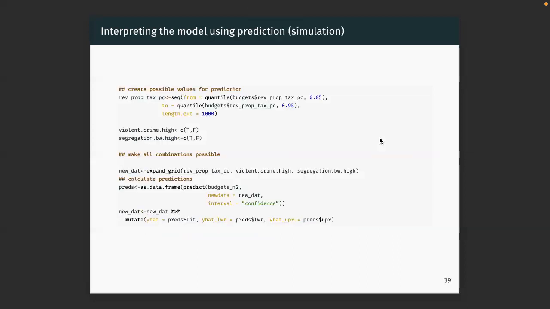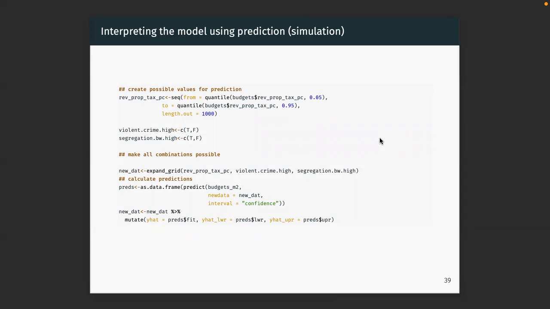Okay, so prediction gets more complicated when we have continuous measures than when we have binary measures, but we can still do it just fine. So I want to create a data frame that has possible values for prediction, and I'm going to use a sequence to do that.